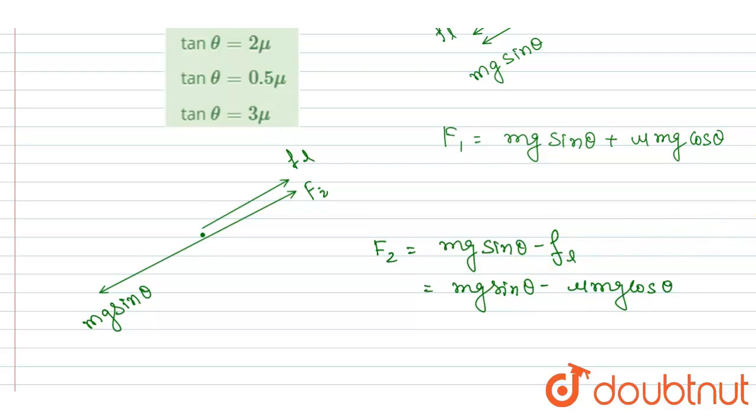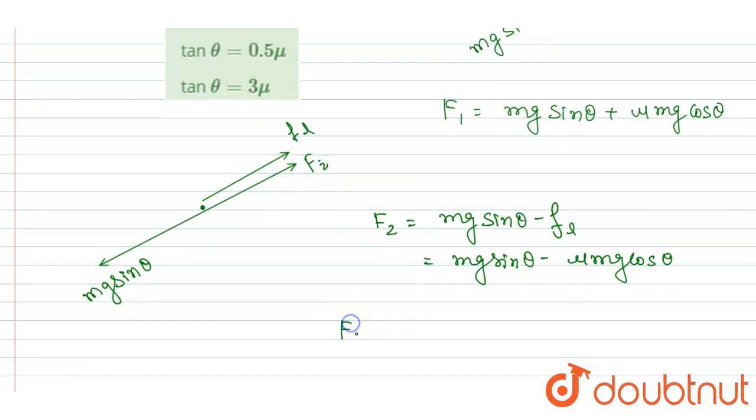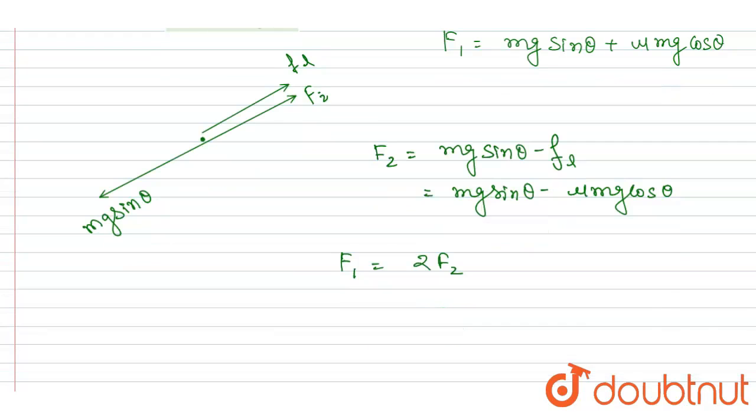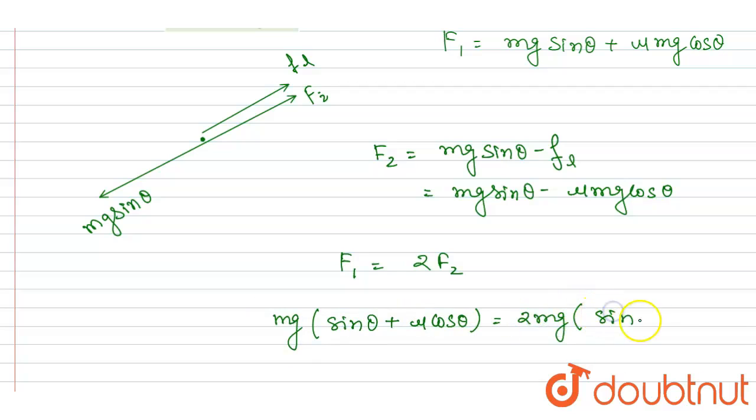So it is said that F1 equals 2 times F2. Put the value. I will take mg common here: mg (sin θ plus μ cos θ) equals 2 mg (sin θ minus μ cos θ).